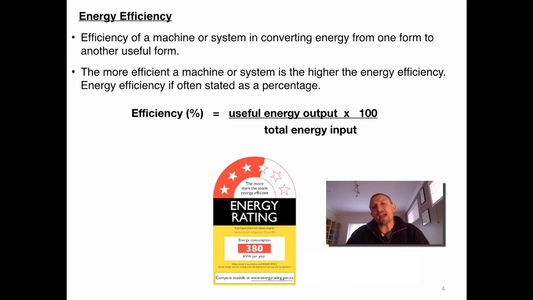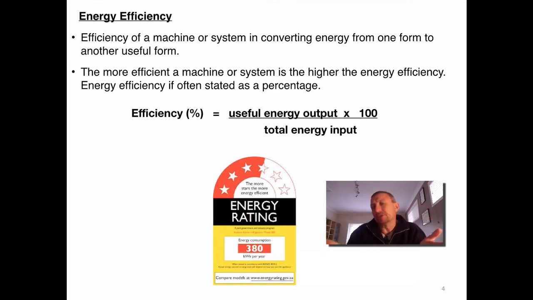Just to recap, down at the bottom there you've got an energy rating sticker. You'll see this on a lot of your appliances. There are 5 stars. If the red line goes all the way up to the 5th star, it's 100% efficient at converting energy from its input to its output.